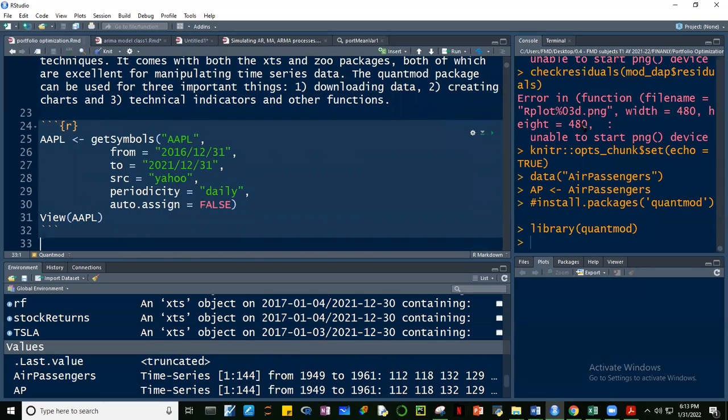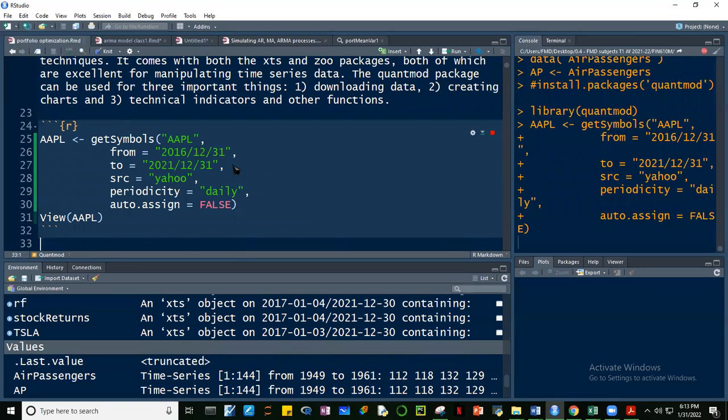Just as an illustration, I'm going to download now Apple. I'm giving it a name, Apple, and then I'm asking R to get the symbols of Apple. I specify the dates, I specify where R will get it, and if it's daily data, etc. And just with the click in R, it will take a few seconds, and then it will give us the Apple stock prices.